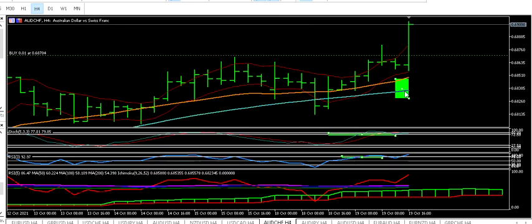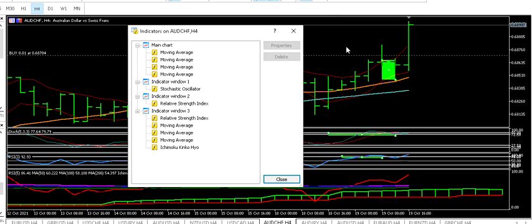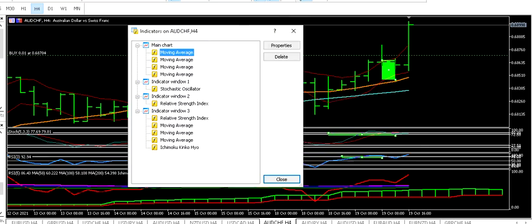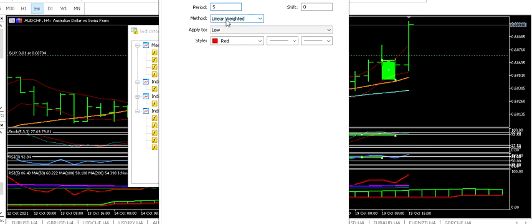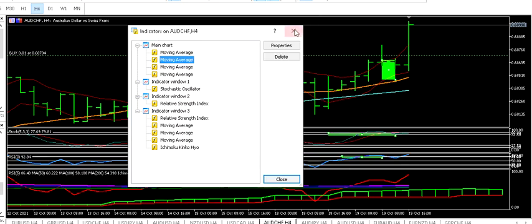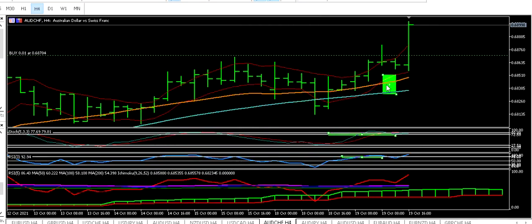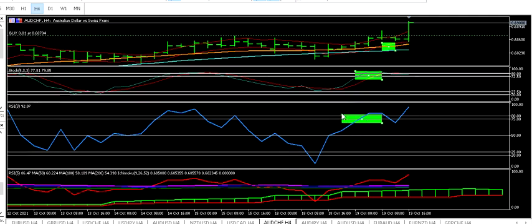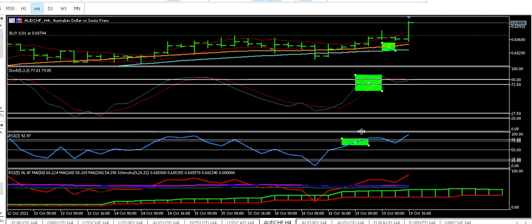As long as price and the two red moving averages, the 5 linear weight high and the 5 linear weight low, are above the 16 and the 20 moving averages, you can cross check that the other windows are doing the same. If they are giving you buy signals, then you can enter a buy trade confidently. That is in the bullish trend.